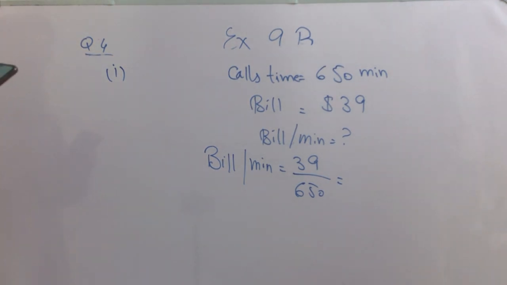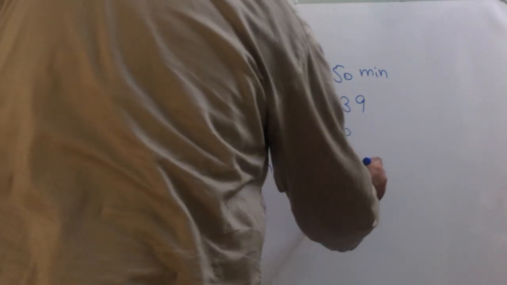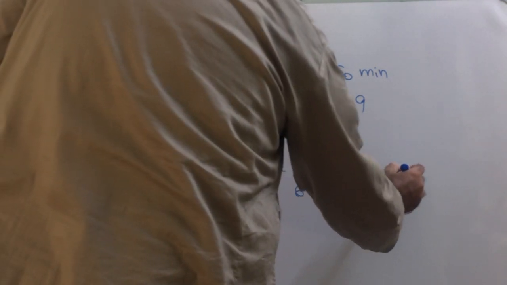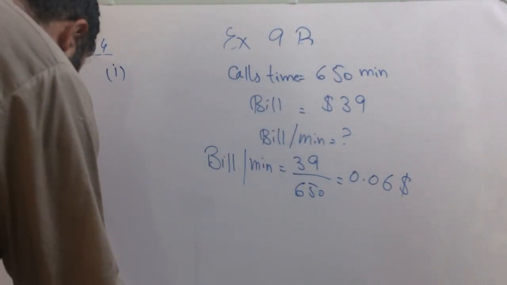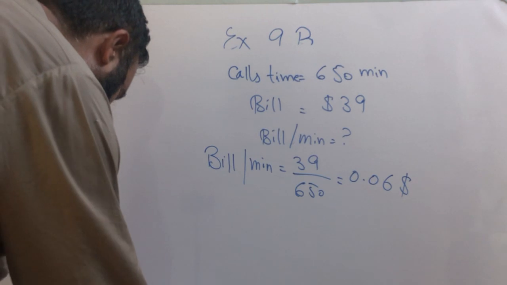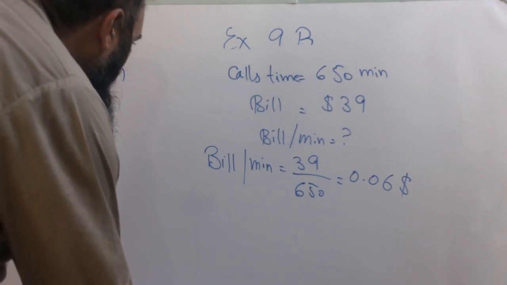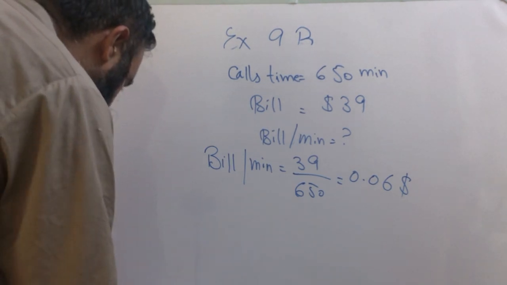So it becomes 39 divided by 650, 0.06. It becomes 0.06 dollars. So this is the cost for 1 minute of calling.